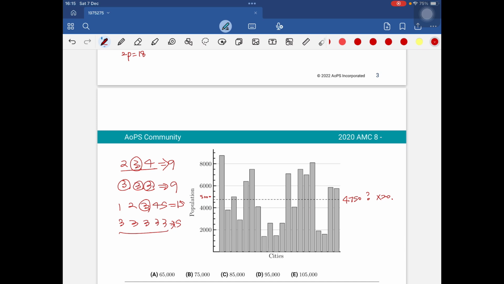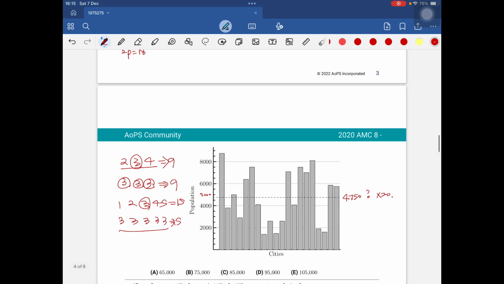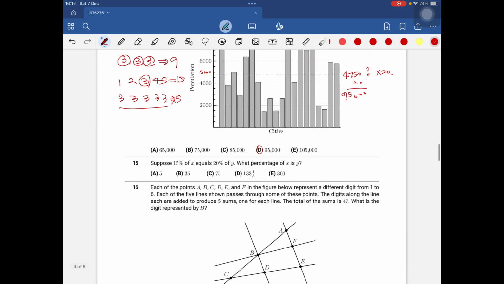So if we consider all the numbers, population is 4,750, still the same amount of total. So 4,750 times 20 is 95,000, something like this.